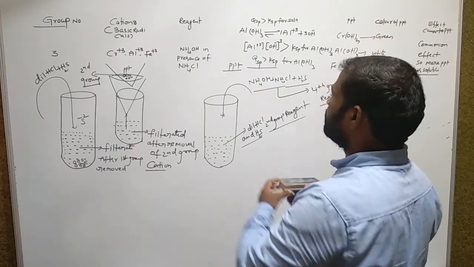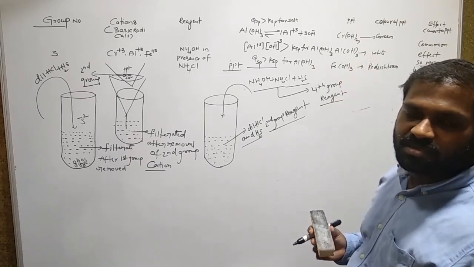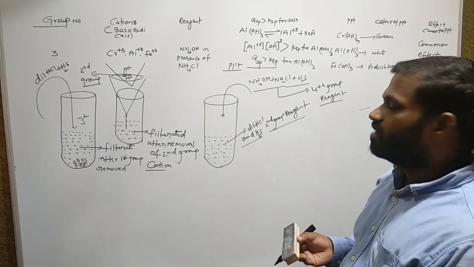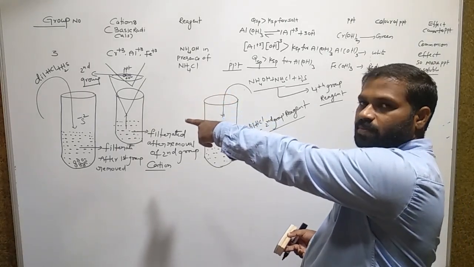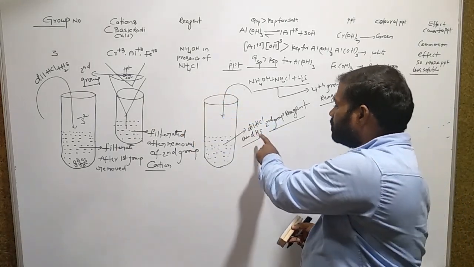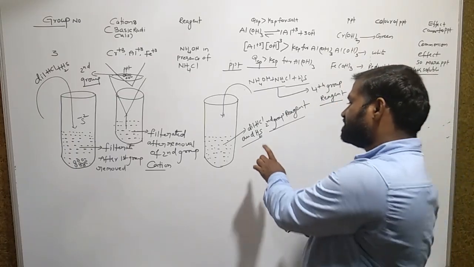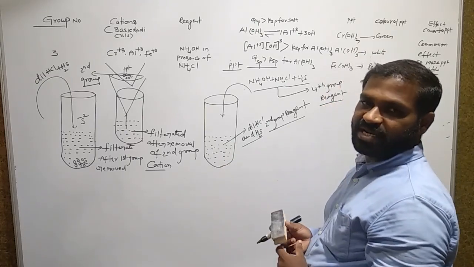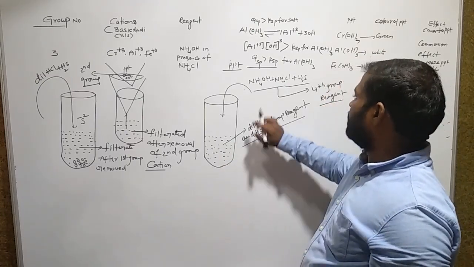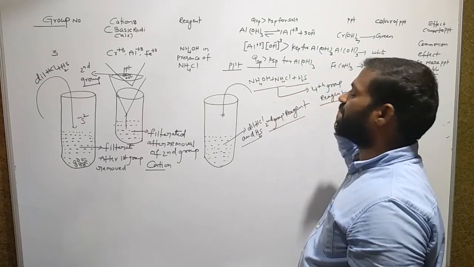But what we need is the third group reagent for the analysis of third group cation. Okay. Is it clear, all of you? So for that, after filtration of the second group, we need to remove this H2S. Am I right? We need to remove this H2S. Why? Because if it is there in the filtrate, it adds with ammonium hydroxide and ammonium chloride and it goes for the fourth group reagent.